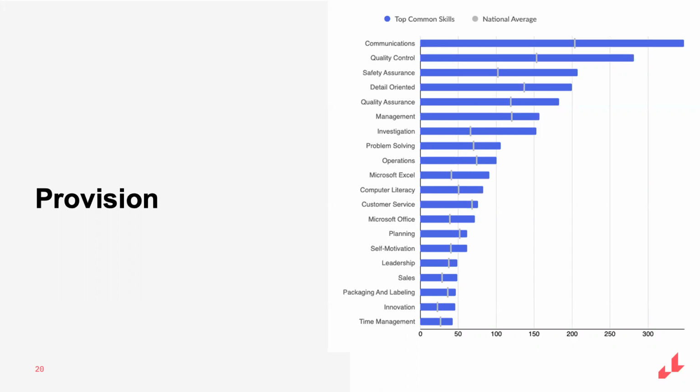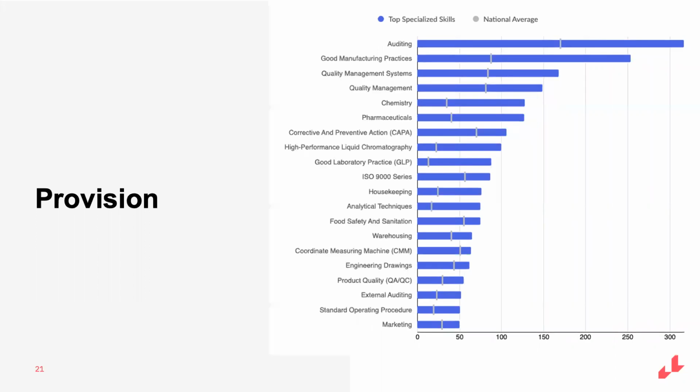But let's look at those specialized skills or hard skills. So here we have those top specialized skills. Generally, it's domain expertise, things that need to be taught. But I was quite interested when I was preparing this to see housekeeping in the middle there. So I dug into the raw data to isolate those postings citing that skill.